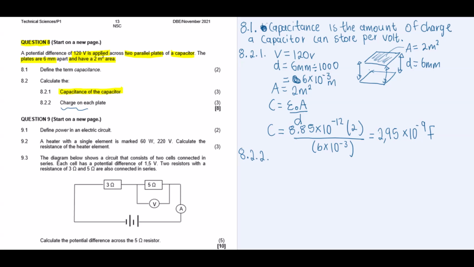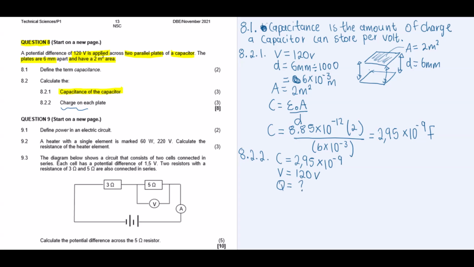Now calculate the charge on each plate, right? Remember we already have the capacitance, 2,95 times 10 to the power of -9 farad, and we also have the potential difference, which is 120 volts.